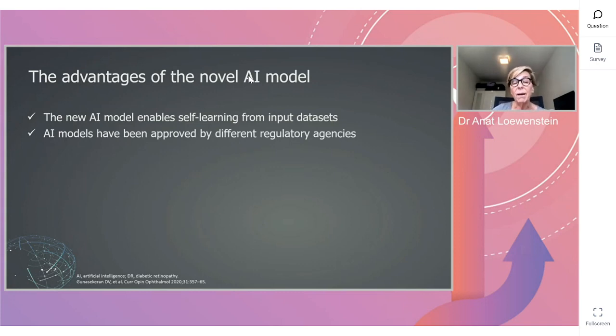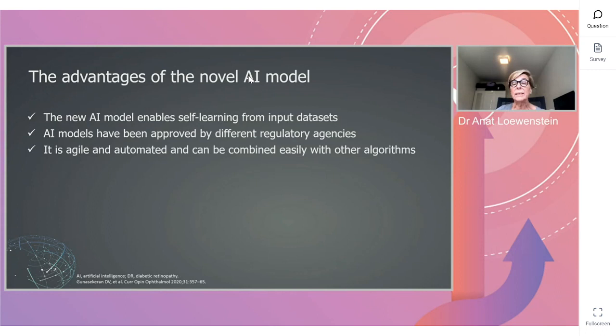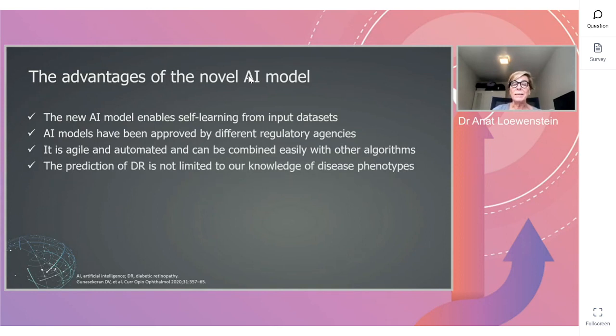So there are AI models that have been approved by different regulatory agencies, and this is what I'm referring to by the IDX, which is actually the first telemedicine management that was approved ever for the whole body, and it's automated. It can tell us if to refer the patients or not.